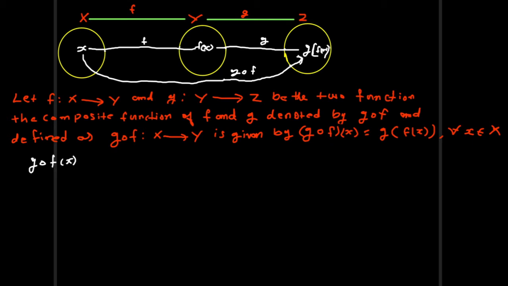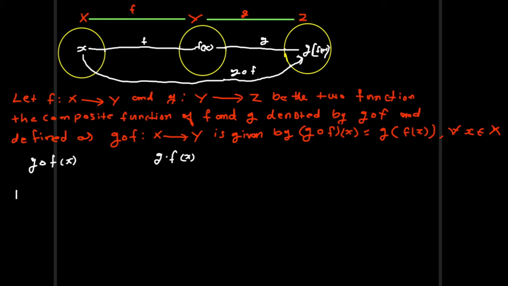But what is g dot f of x? This dot means the product function. This is a multiplication of two functions, that means g and f multiplied. Here it is composition, that means substitution. One function is substituted into another function. That is the meaning. This is a multiplication.